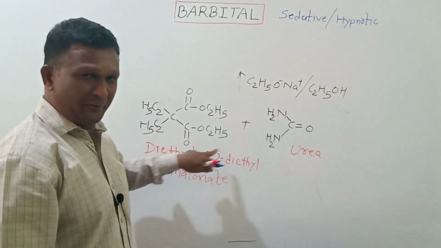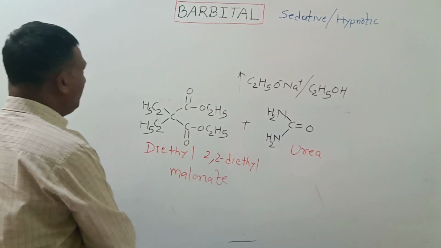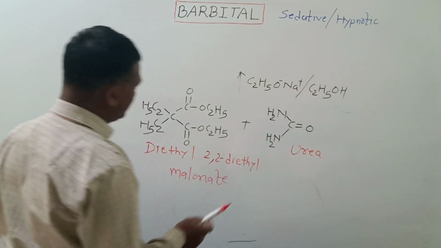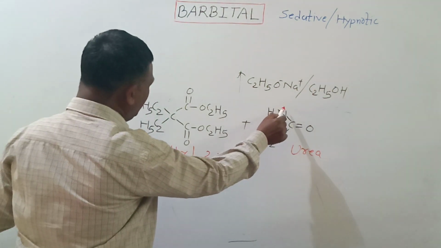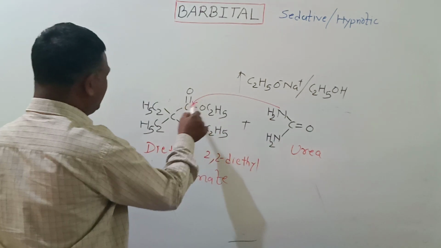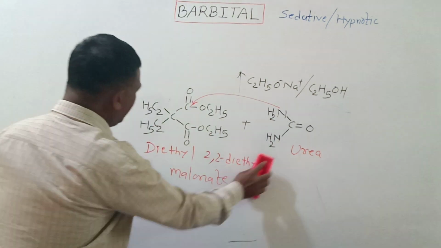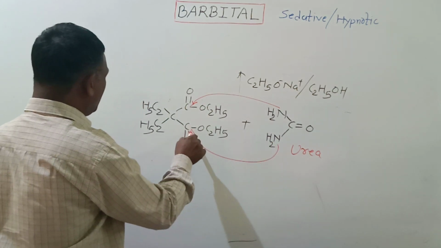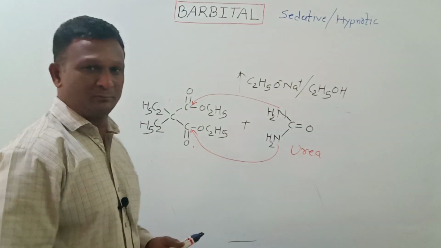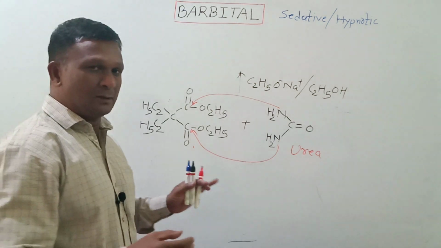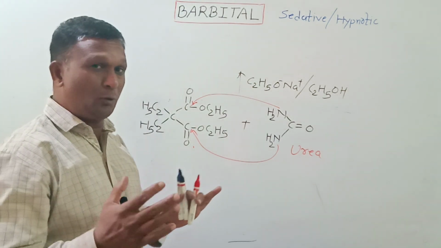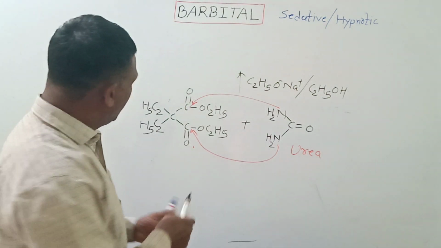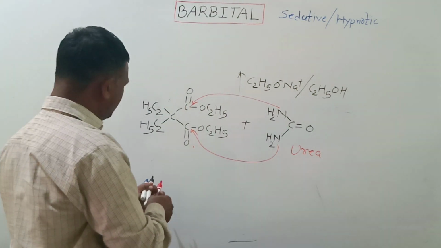When this malonate reacts with urea, we will get a very familiar reaction. This nitrogen attacks this carbonyl carbon, and this nitrogen will attack this carbonyl carbon. This reaction is a nucleophilic acyl substitution reaction.